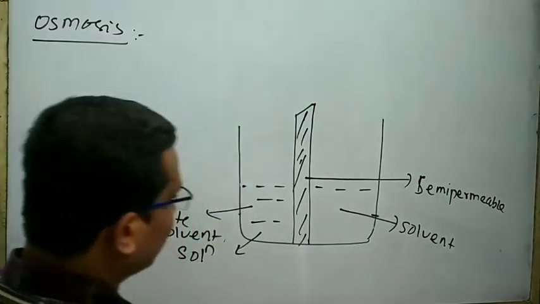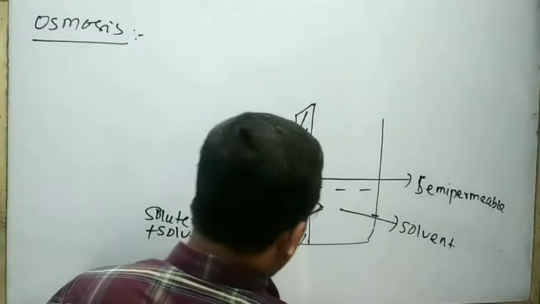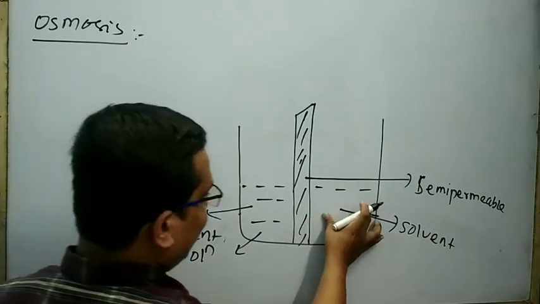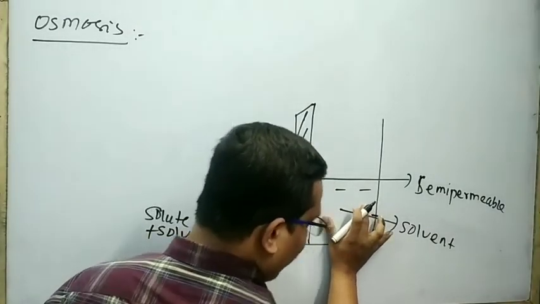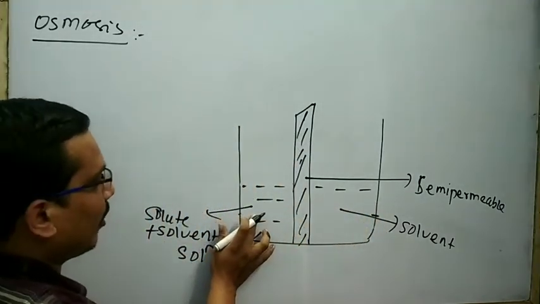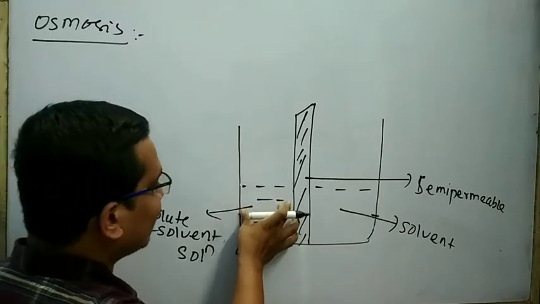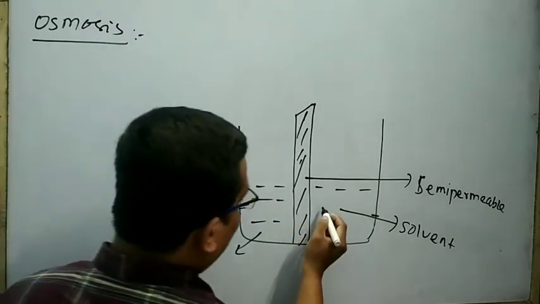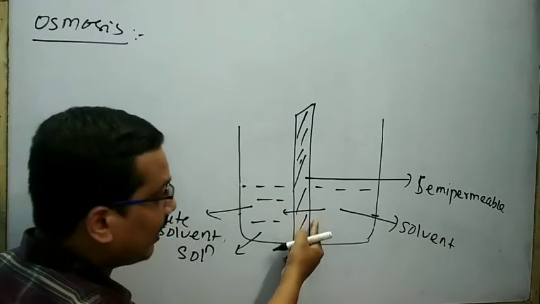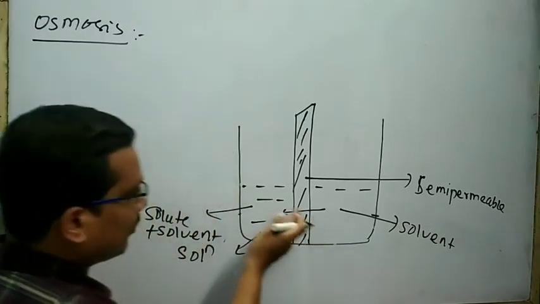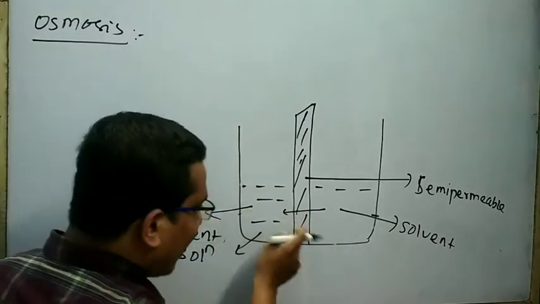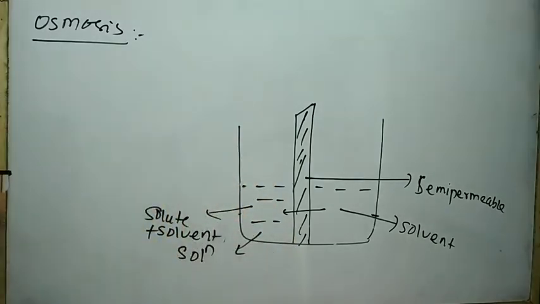If you think about the volume of solvent, in this part the volume of solvent is more as compared to the volume of solvent present in this part. So there is a spontaneous flow of the solvent molecules from this side to this side. That process is called osmosis.